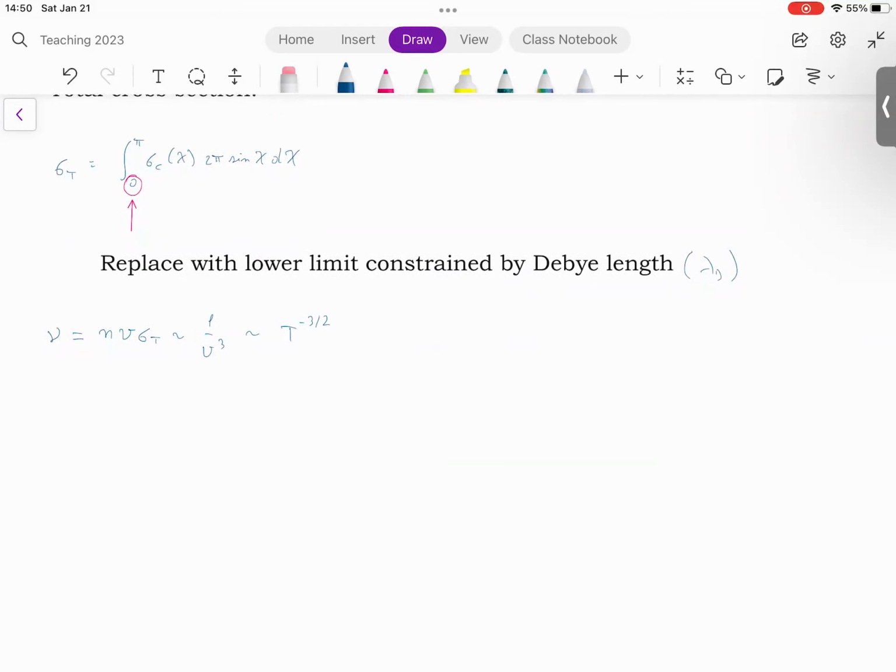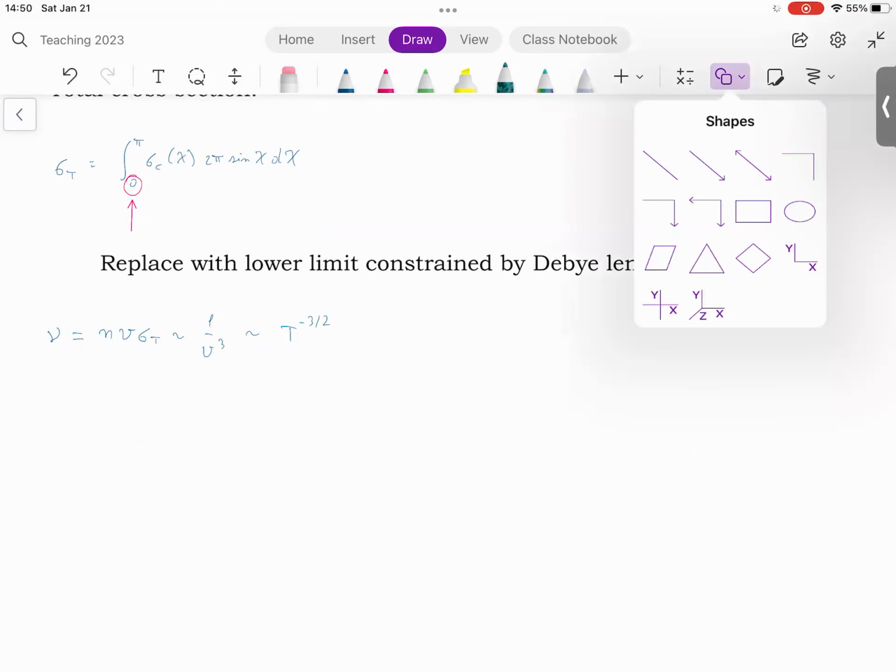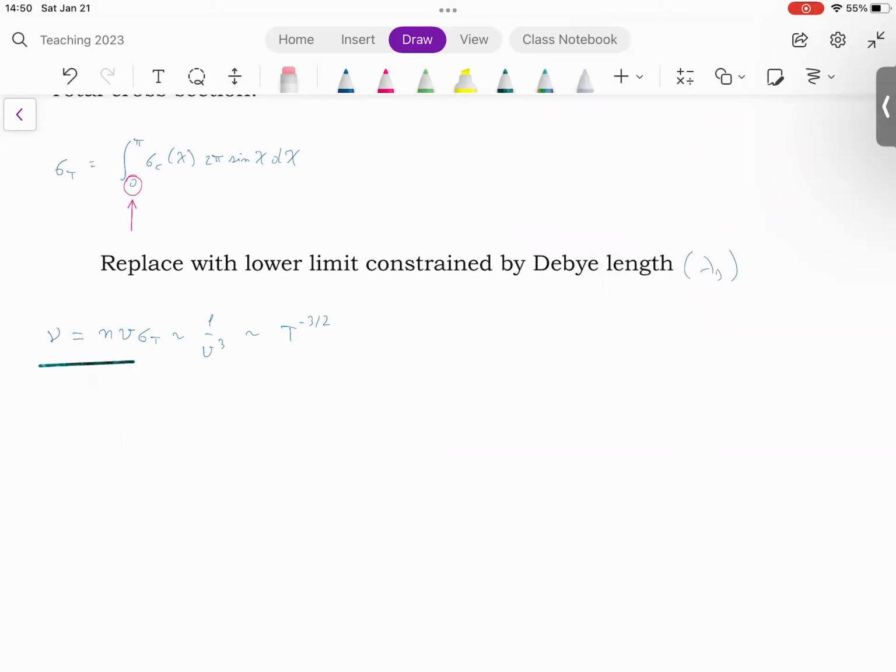Okay, that was all we are going to say for now about collisions. And we're now going to go back to something we started talking about earlier, which is the plasma parameter.